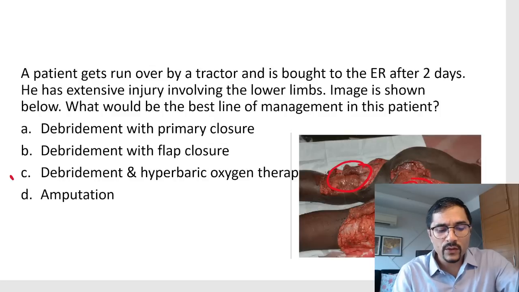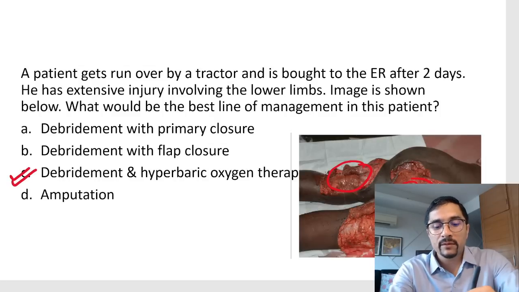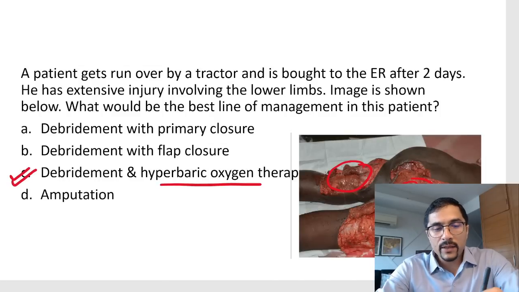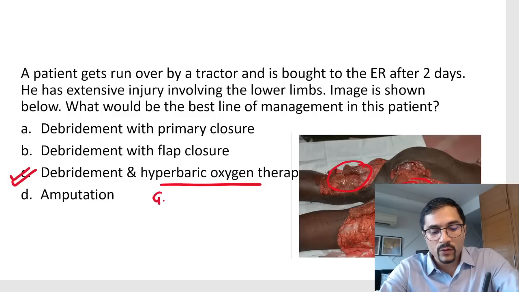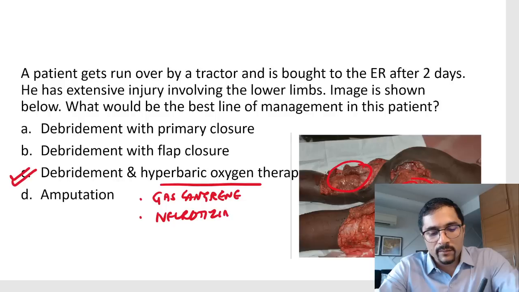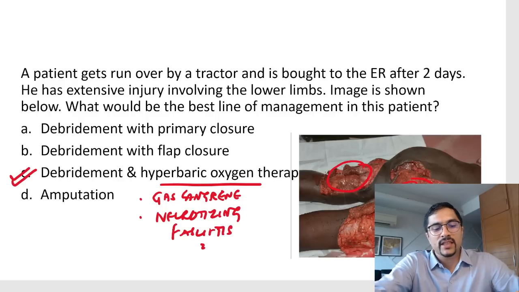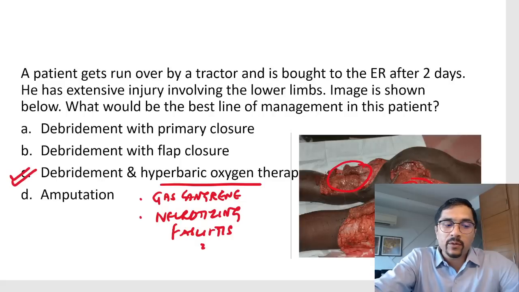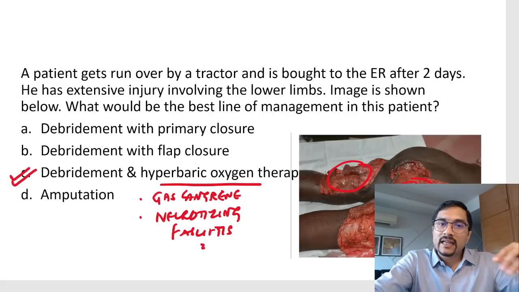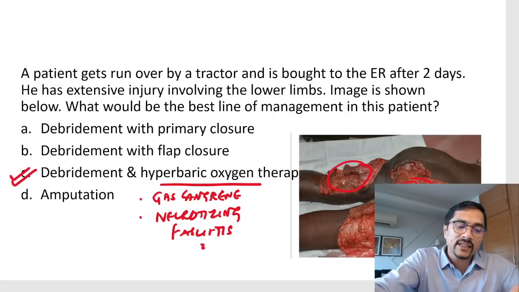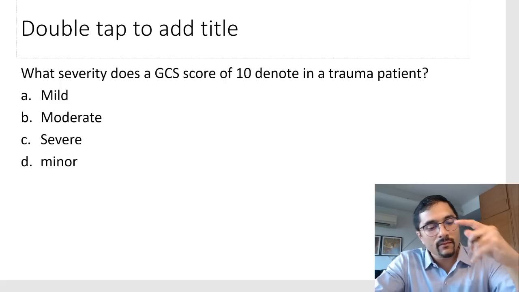So what do we do? We do debridement and hyperbaric oxygen therapy. Hyperbaric oxygen therapy has been found to be useful in gas gangrene. It has been found to be useful in necrotizing fasciitis. So here the muscle is infected, and necrotizing fasciitis can develop. So debridement and hyperbaric oxygen would be useful. And once the infection heals, then you close it up.